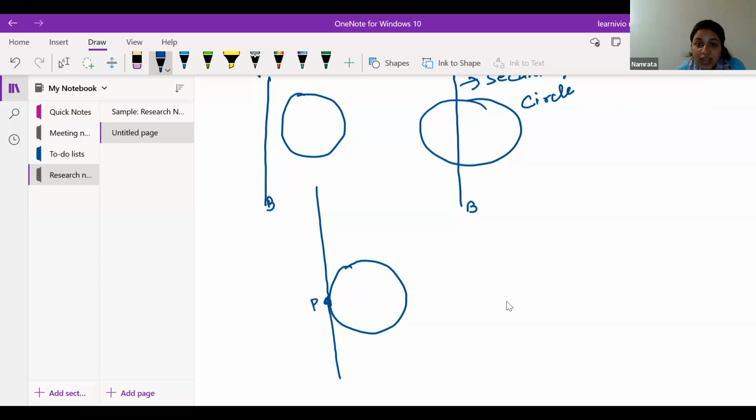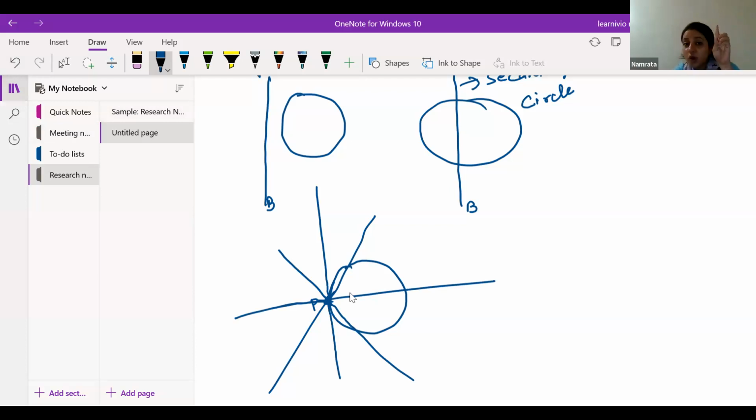Now, if I want to draw another tangent, then I will make a line like this and it will go like this. Let me draw it properly. The line will look like this. Or if you draw another one, it will look like this one.